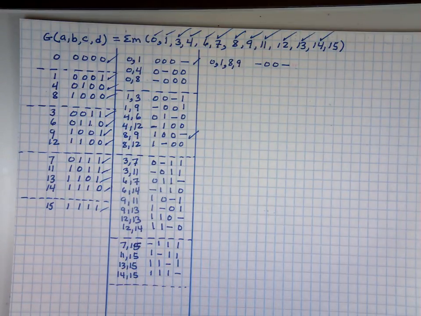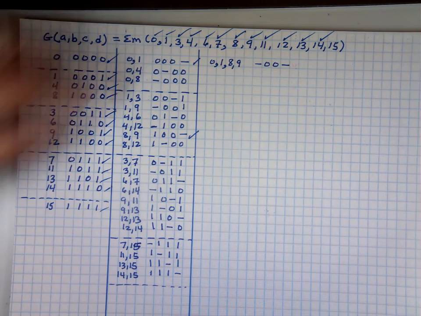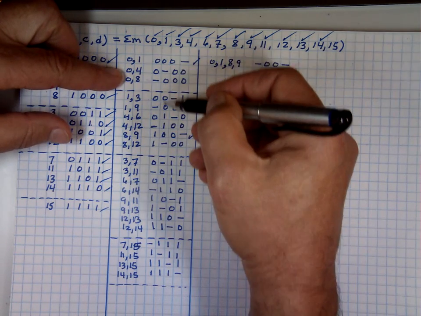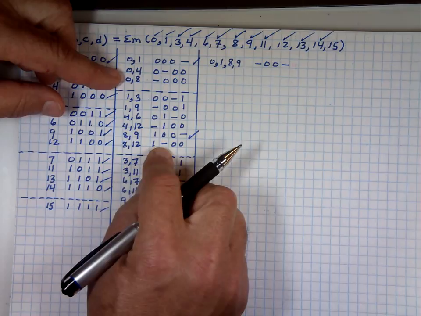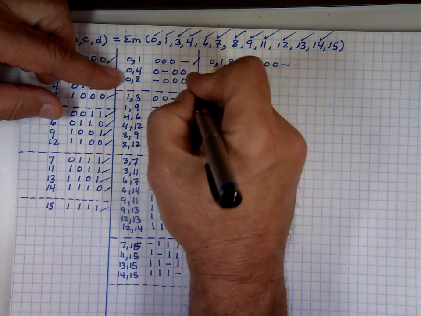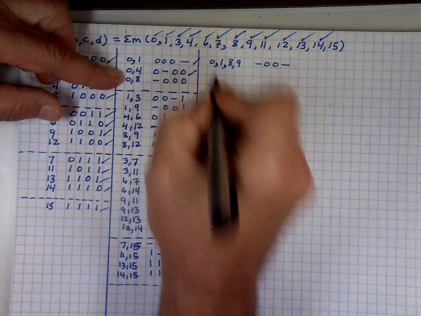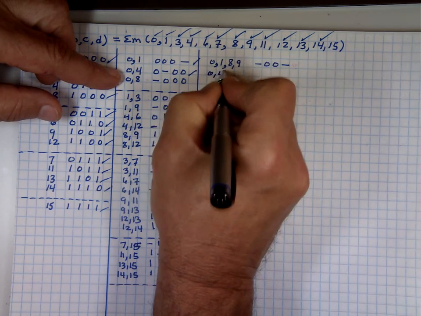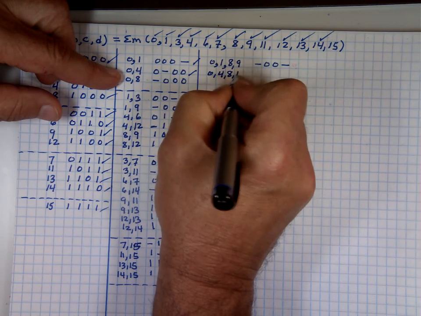Zero, 4 does not match. Oh, wait a minute. 0, 4 and 8 and 12. Can you see that? 0, 4, 8 and 12. What do we have?